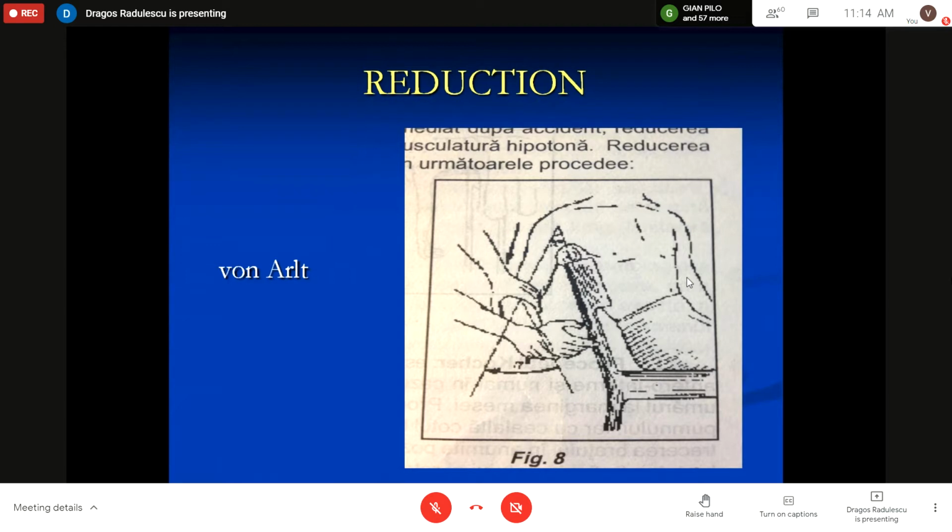As I said, multiple reduction maneuvers, we will take them one by one. The first one is the von Arlt reduction, which is my personal favorite, and I'd say the less traumatizing for the patient. Again, this is done at the ER room with either local anesthesia or an IV anesthesia.